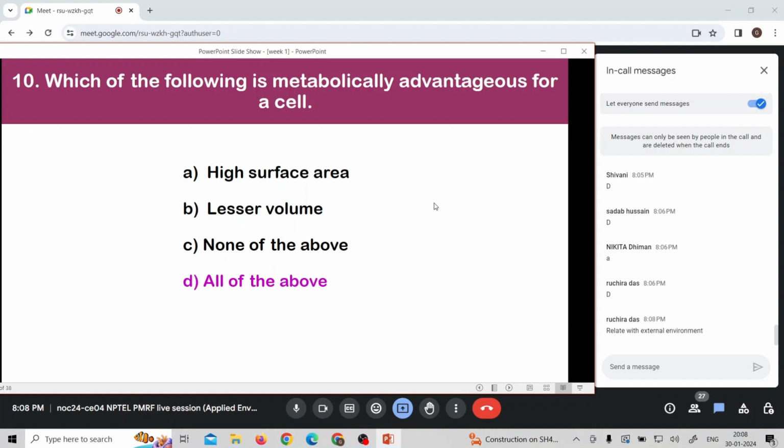When this is higher, you can expect very good nutrient uptake as well as excretion from the microbial organism. So we all have heard about nanoparticles. Nanoparticles are used in many fields. The main advantage of going for nano sized particles is that they have a high surface area.